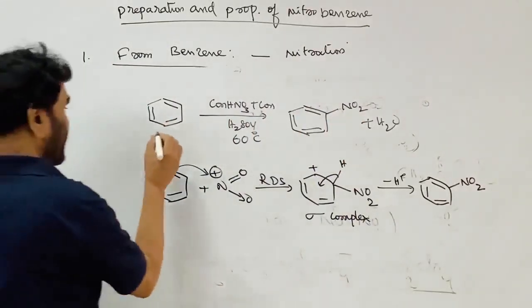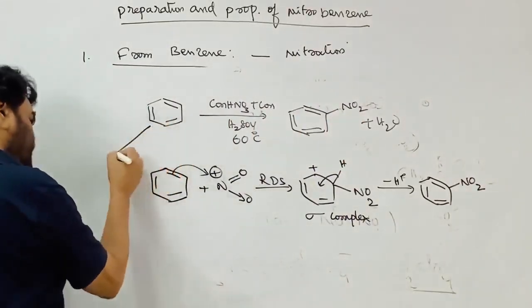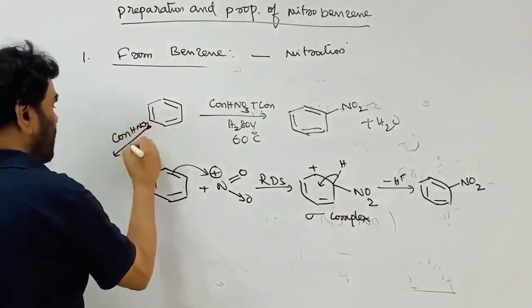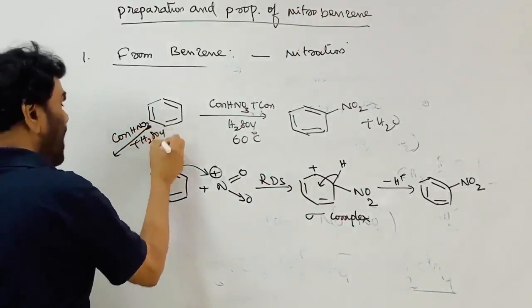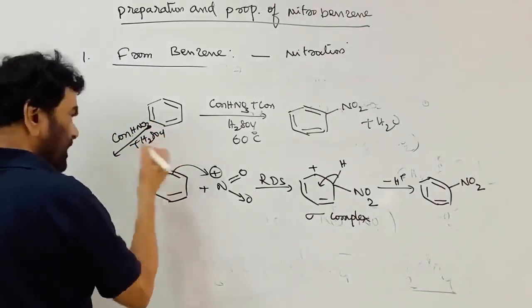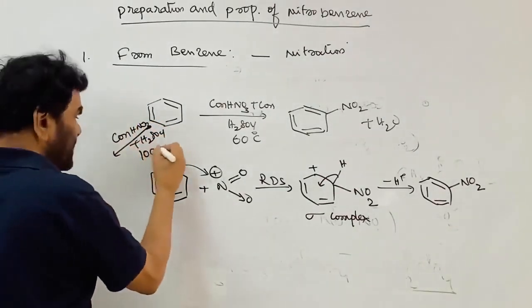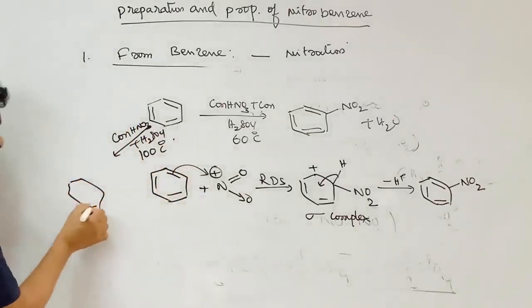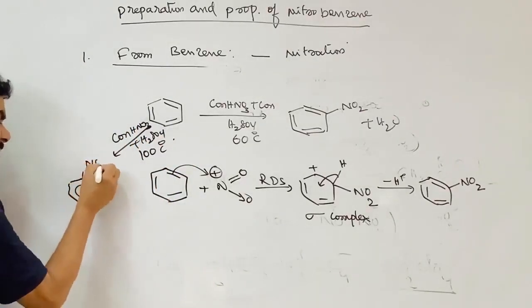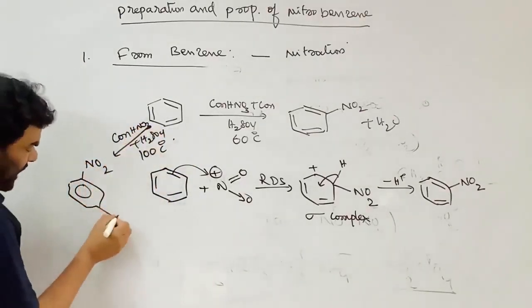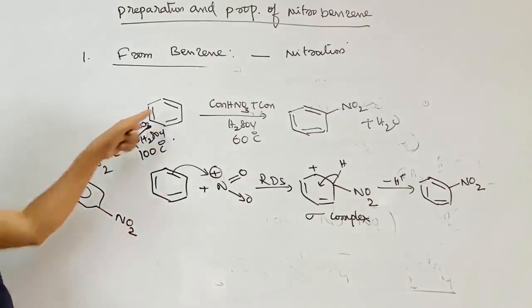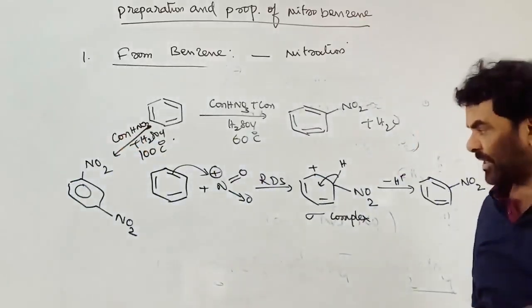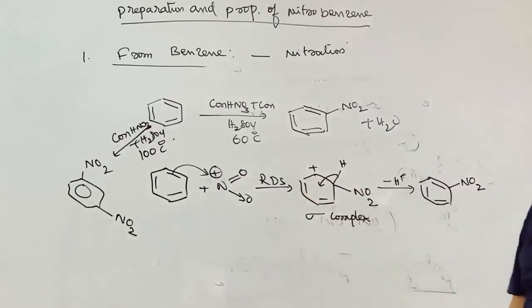If the same compound is treated with the concentrated HNO3 plus H2SO4 mixture at around 90 to 100 degrees Celsius, first nitrobenzene is formed and then a second nitro group is introduced at the meta position, since the nitro group is a meta directing group.